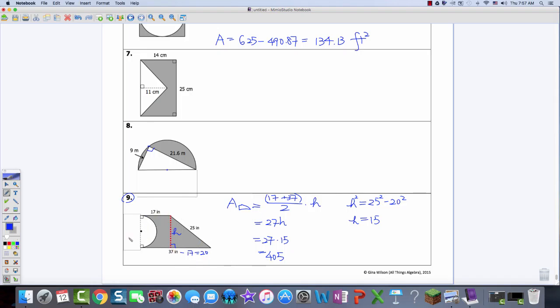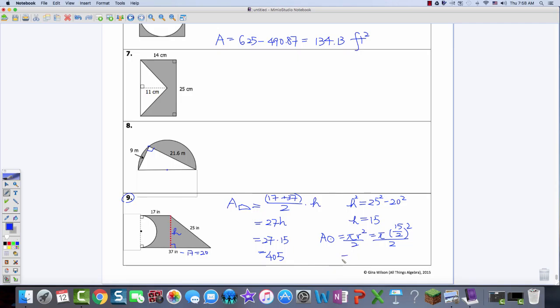I've got the trapezoid. Now I just need the circle. And the area of the circle is pi r squared, which is pi, I don't have r, but I have h. H is the diameter, so it's 15 over 2 squared. Be careful again, this has to be divided by 2 because it's a half circle, or multiplied by half because it's a semicircle, right?